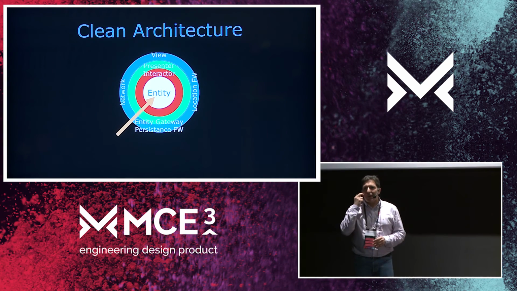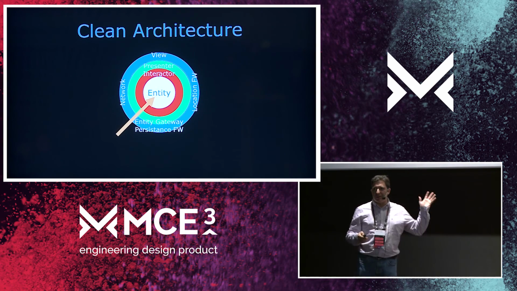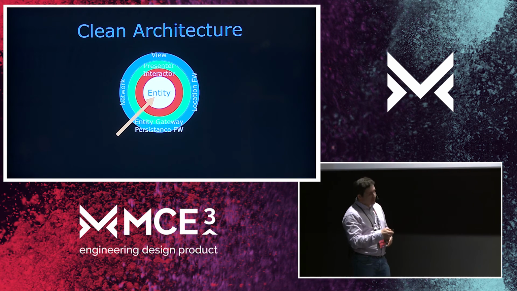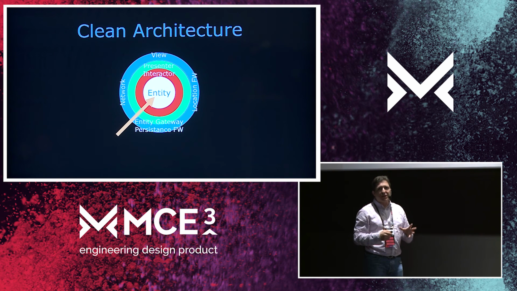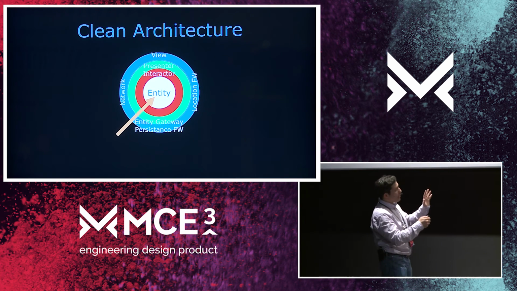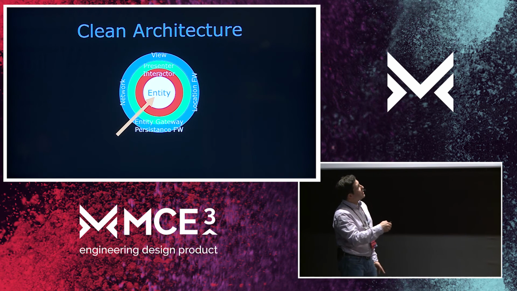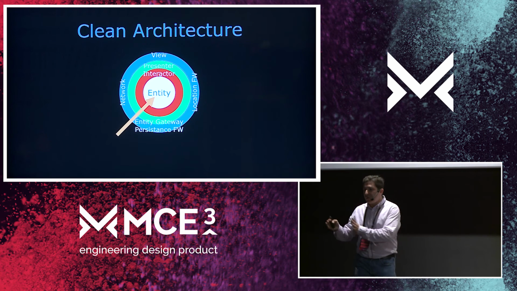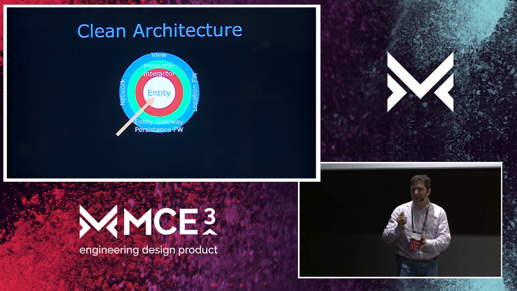So now that I have talked about these 5 principles, as you can see here, the principles are all around. I mean, we have different classes here, and we have a lot of them because every one of them is responsible for just one thing.